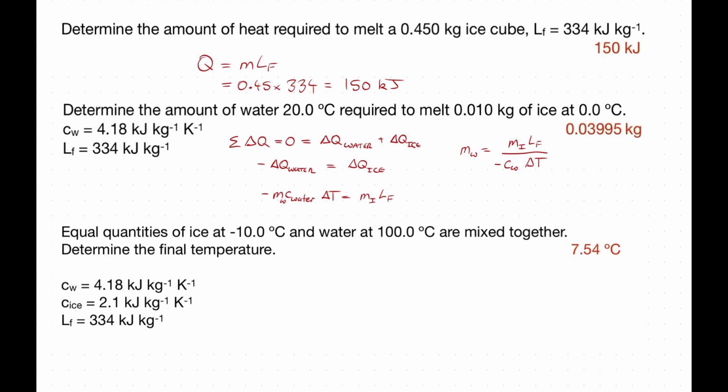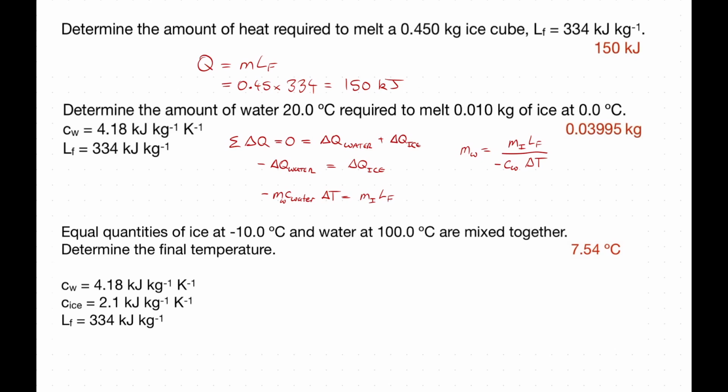Something to be aware of is that we've got 20-degree water. If we just need to melt the ice, we're not after a change in temperature of the ice. So that means that the ice is going to become water at 0 degrees Celsius, so there is no delta Q involved in that. But what does that mean our final temperature of the water is going to be? Well, that's going to be at 0 degrees Celsius then.